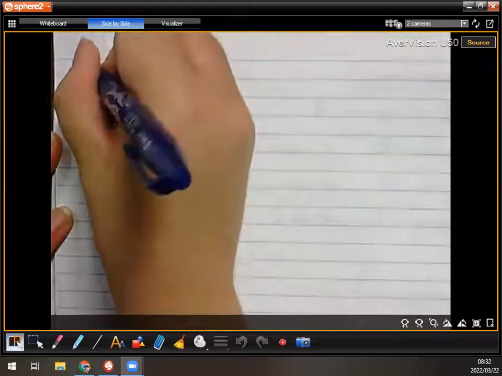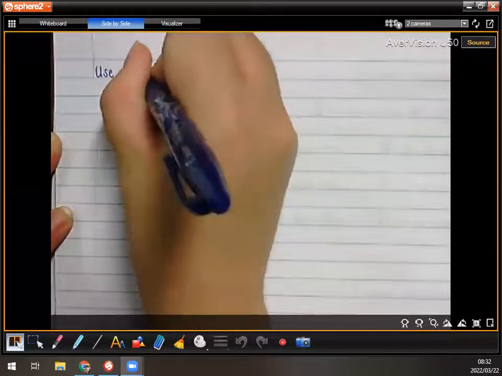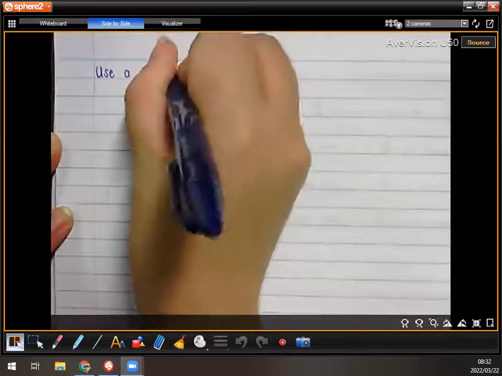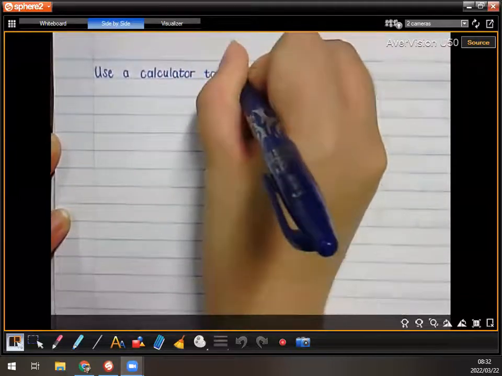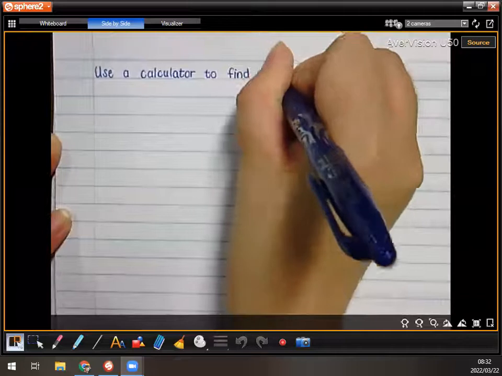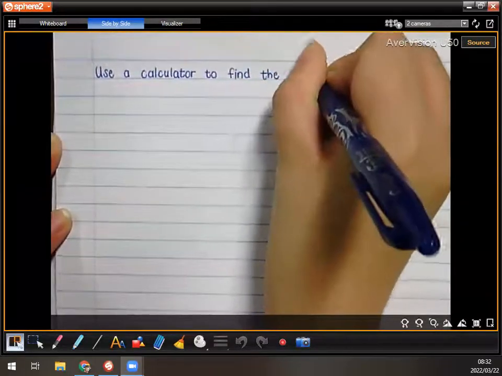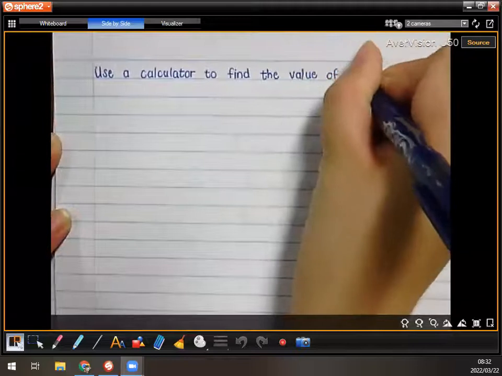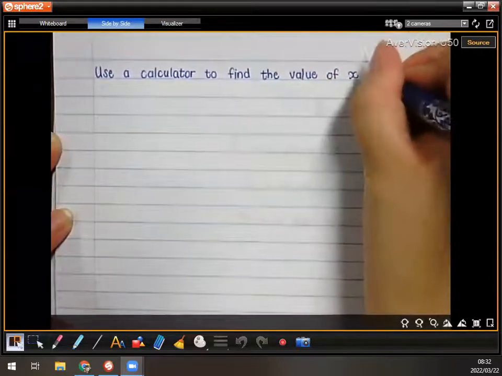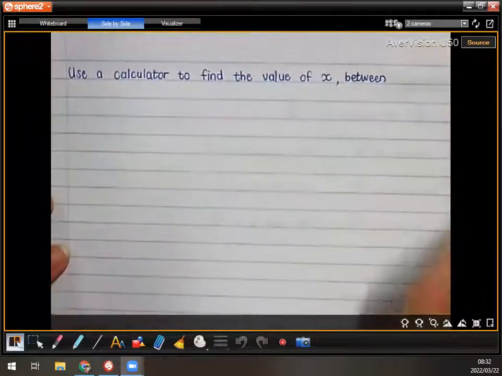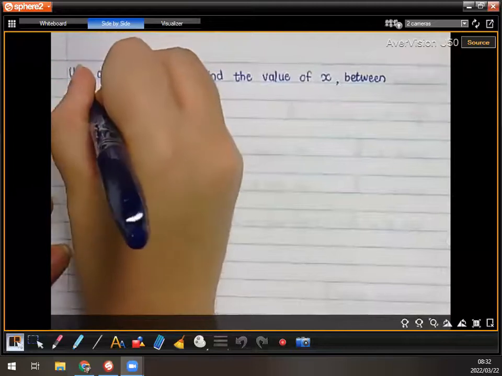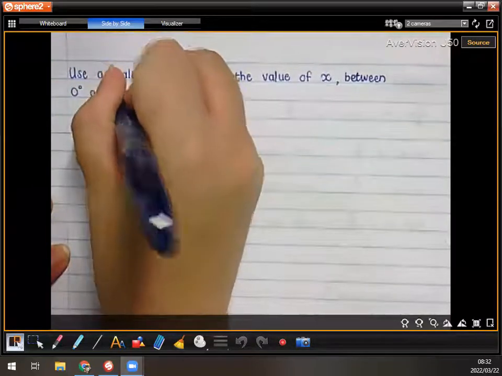I'm going to say: use a calculator to find the value of x between 0 degrees and 90 degrees.